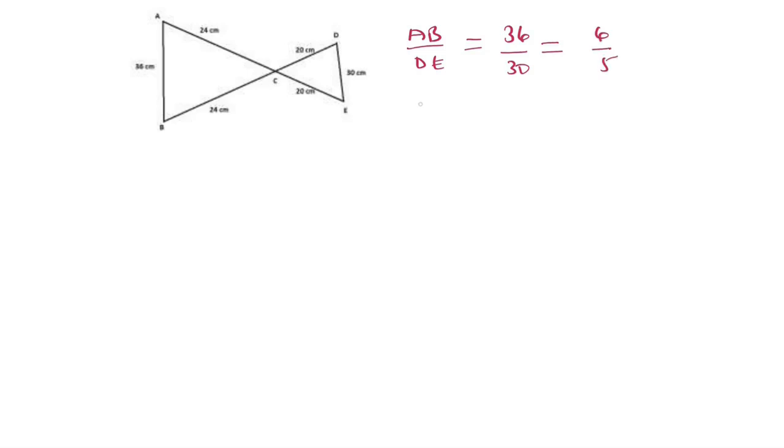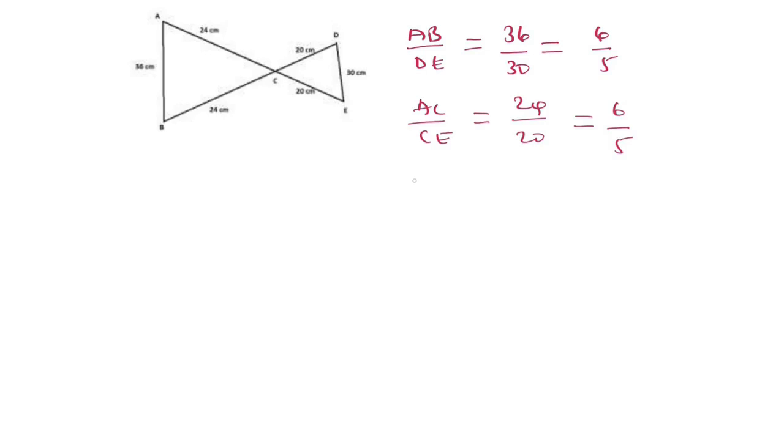And also side AC over side CE equals 24 over 20, which simplifies to 6 over 5.